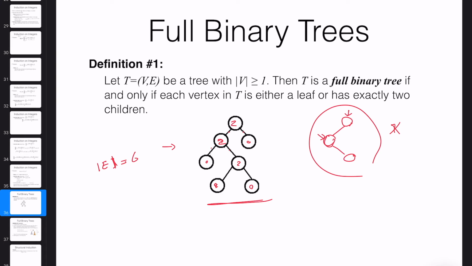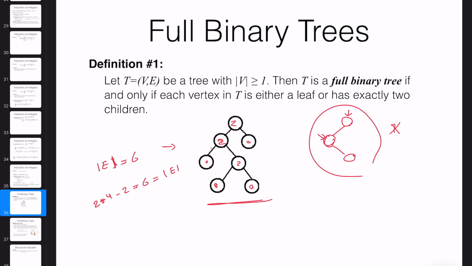How many leaf nodes do you have? 1, 2, 3, 4. So 2 multiplied by 4 minus 2 is 6. Yes, it's exactly equal to the number of edges. That was the theorem. We wanted to prove this theorem. So what should we do?